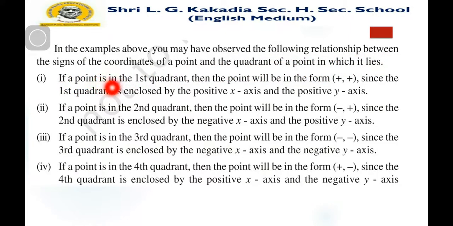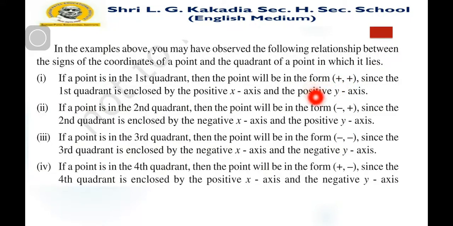If the point is in the first quadrant, then the point will be in the form where x is positive and y is also positive.